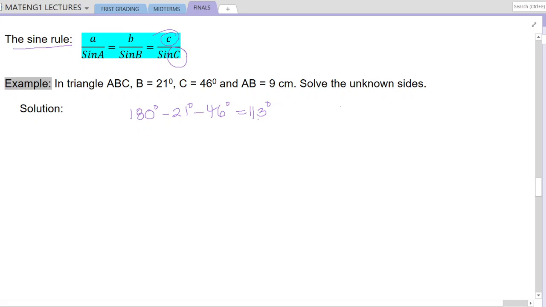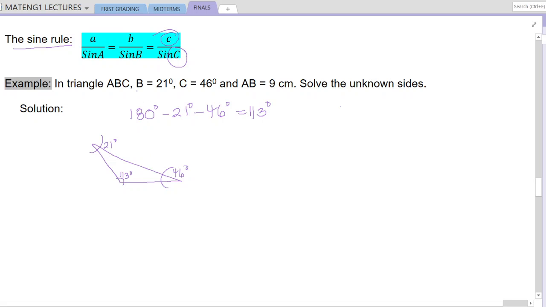Since that is greater than 90 degrees, our triangle is obtuse. Okay, so this will be the 113 degrees, and for the smaller, that is 21 degrees, and then for the angle of C, that is 46 degrees.